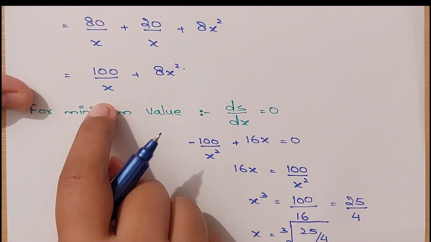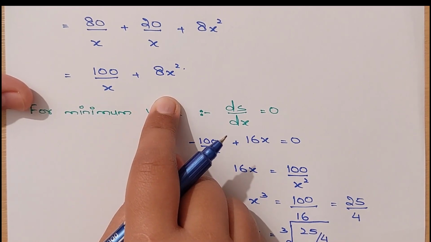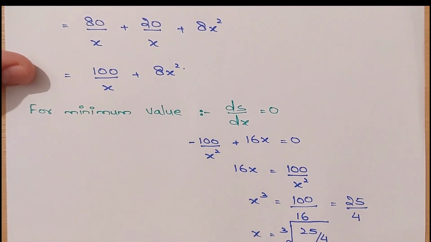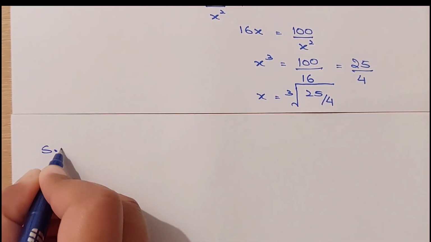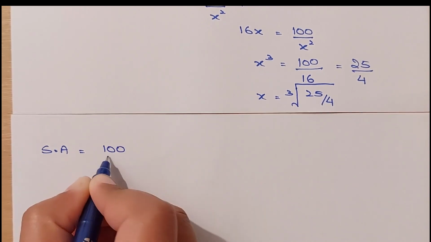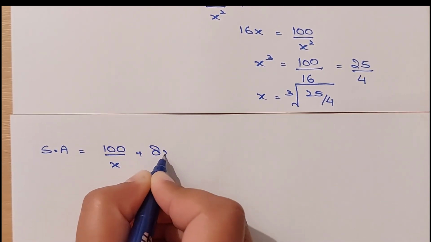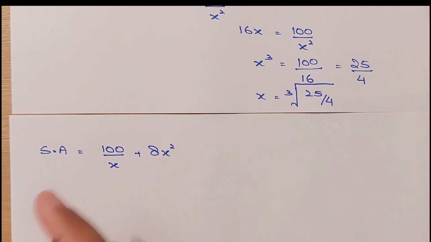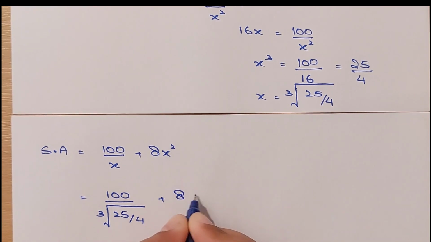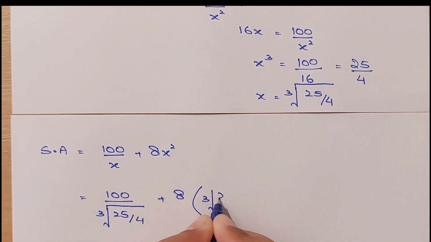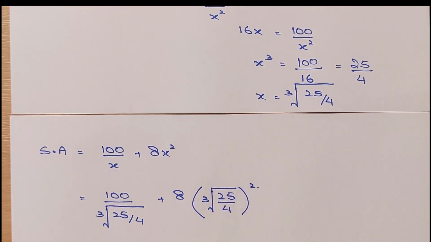Now we have to substitute this x value back to the surface area of a cuboid, and that would be the minimum value. So now the surface area is 100 over x plus 8x square. So just substitute the x value. 100 divided by the cube root of 25 by 4, plus 8 times the cube root of 25 by 4 whole square, right?